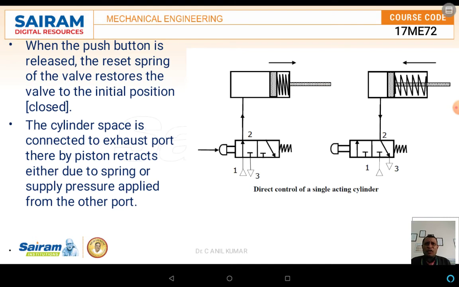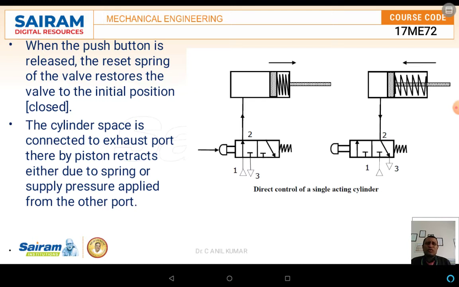The small triangle represented by 1 is the compressed air. The compressed air flows through the valve and then to the actuator, where the piston moves from left to right, and the extension stroke takes place. Then, if the same button is released, what will happen?